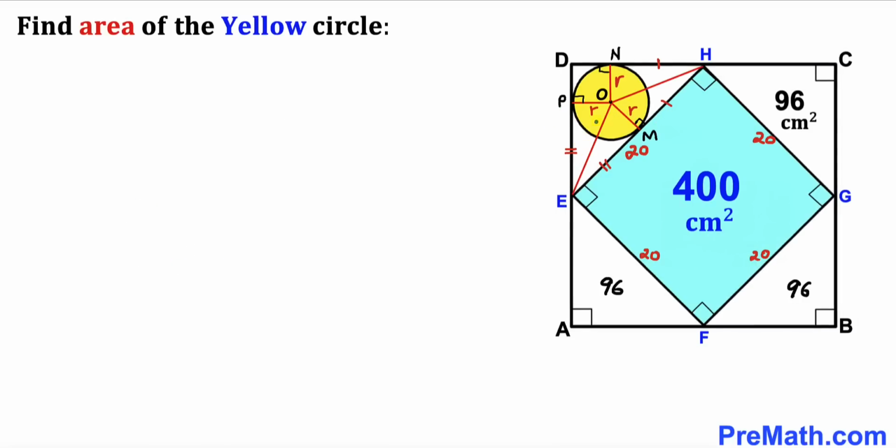In this next step, I have connected this center O with these points E and H. Here's our next step. Let's focus on these two right triangles, this right triangle and this right triangle as well. We can see that these two right triangles, EPO and EMO, are congruent triangles according to the side congruency theorem.